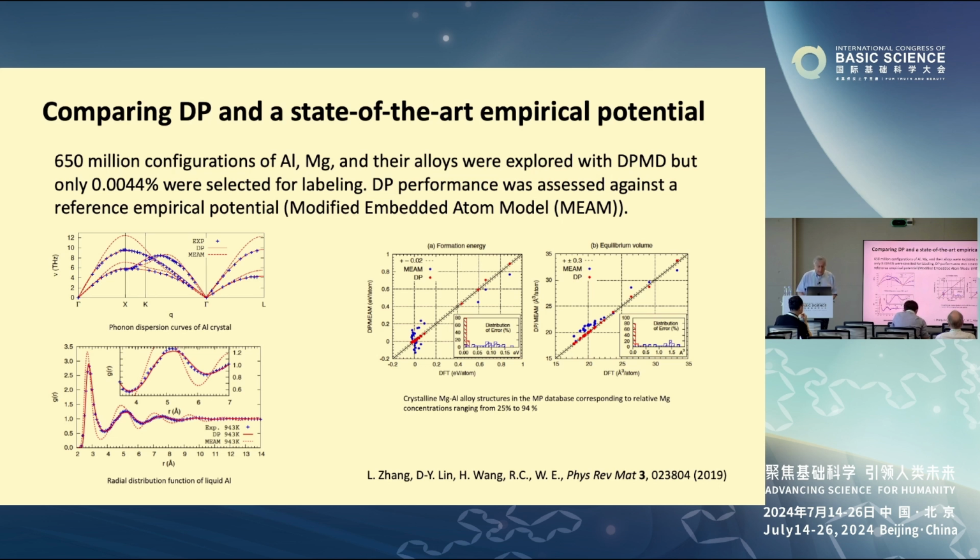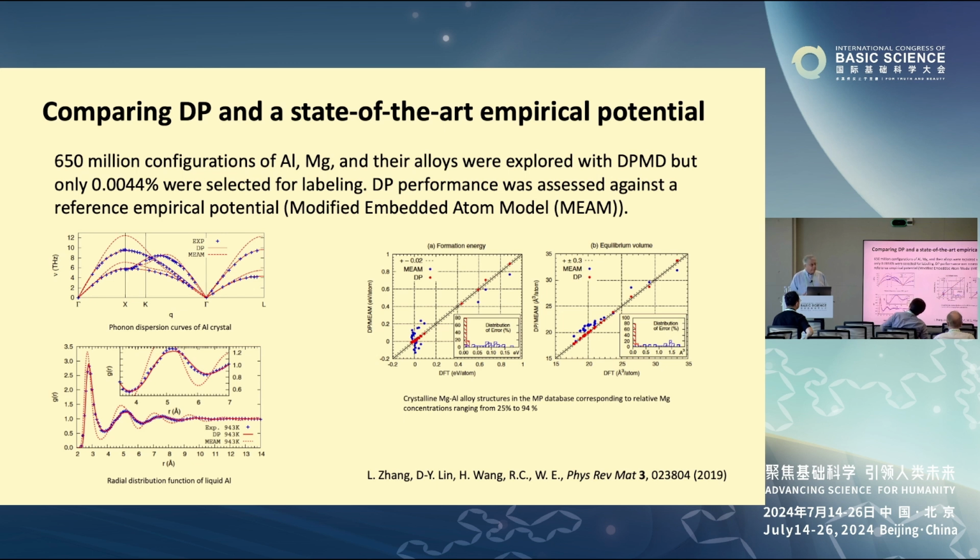So in this case, we explored a vast number of unlabeled configurations, 650 million, but only a small fraction of those were selected for labeling. Okay, so that was to show that this scheme was indeed effective.